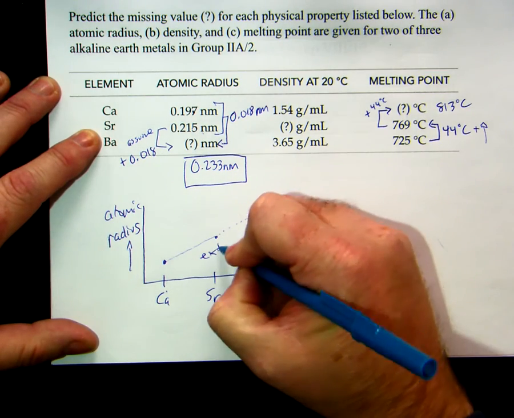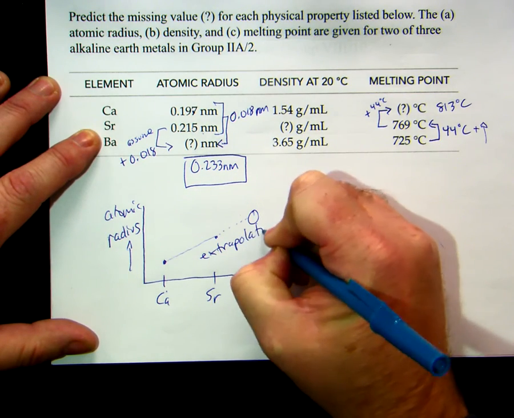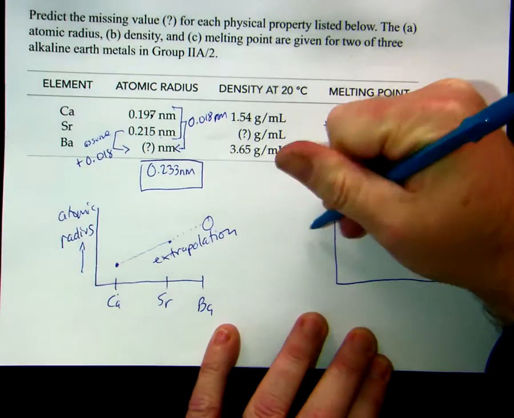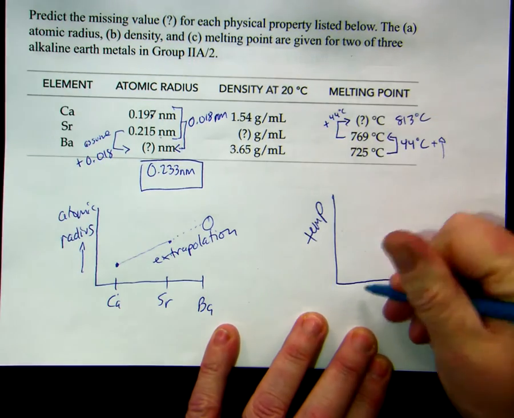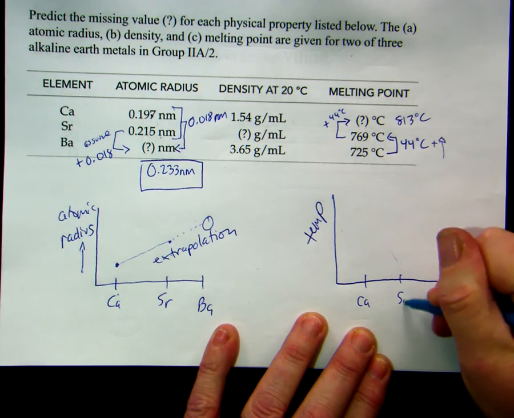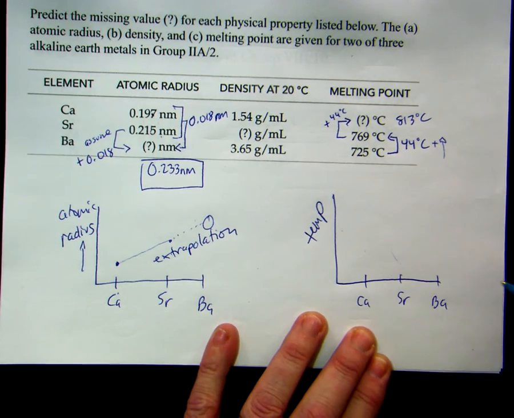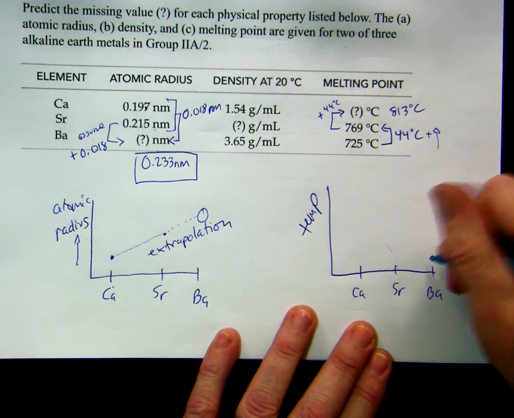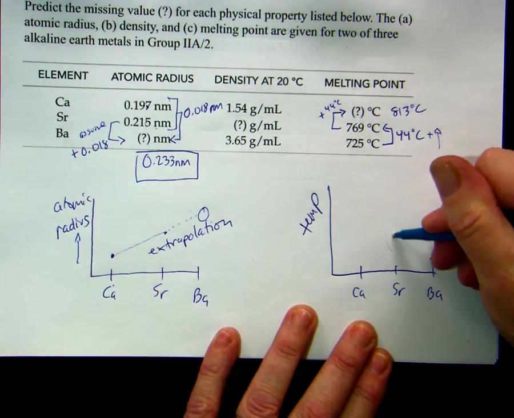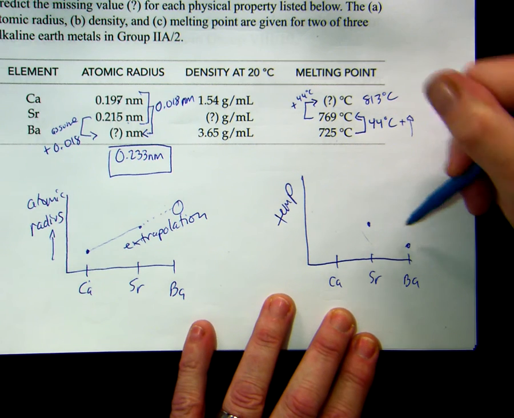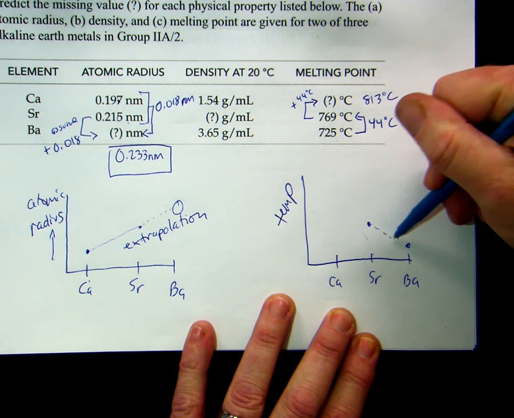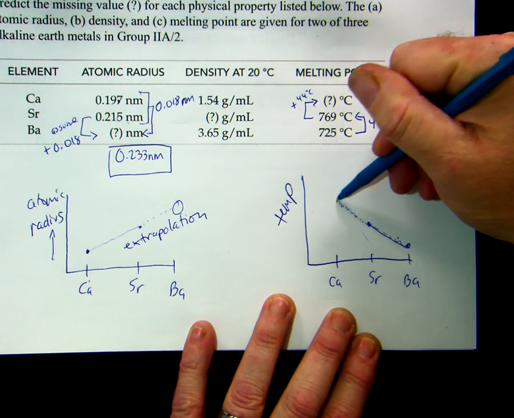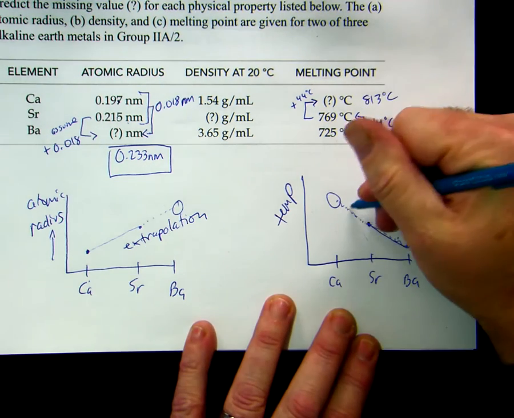And that's called extrapolation. We did the same thing here with temperature. So we had calcium, strontium, and barium. We started with barium, and we noticed the temperature was here. Strontium, it was here. And then we said, okay, well, we'll use this difference here, and we'll extrapolate to this value. So we extrapolated.